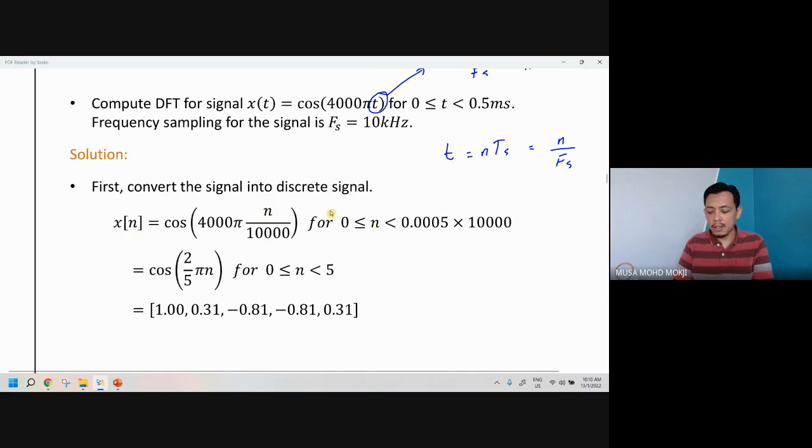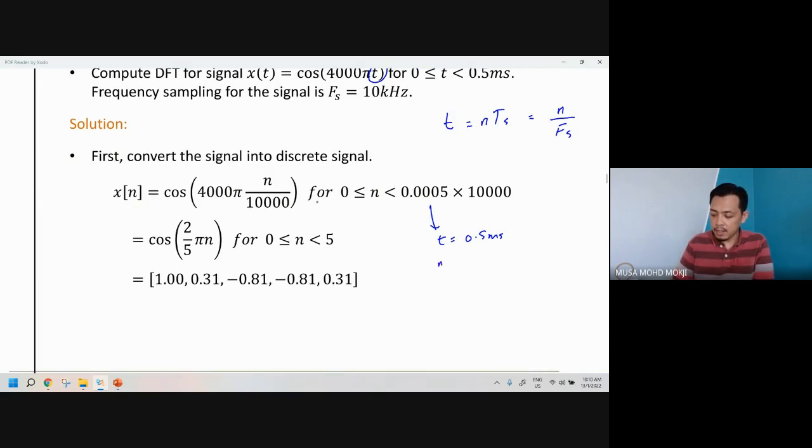Originally this is t equals 0.5 millisecond. And what is n? If we look at this equation, n is equal to t multiplied by fs. So 0.5 milli is 0.0005, and you multiply by 10,000, because that's your t and this is your fs.